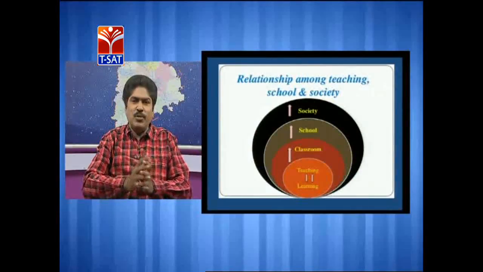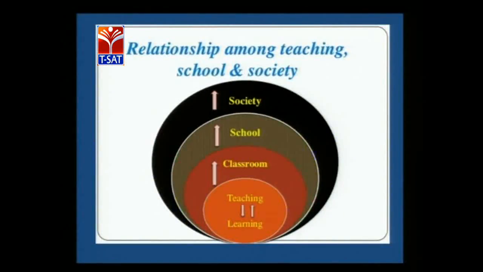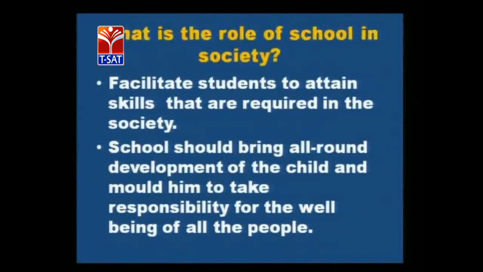Our classroom teaching, our school and our society are interrelated, and they should work in coordination for effective functioning. Let us try to understand what is the role of a school in society.